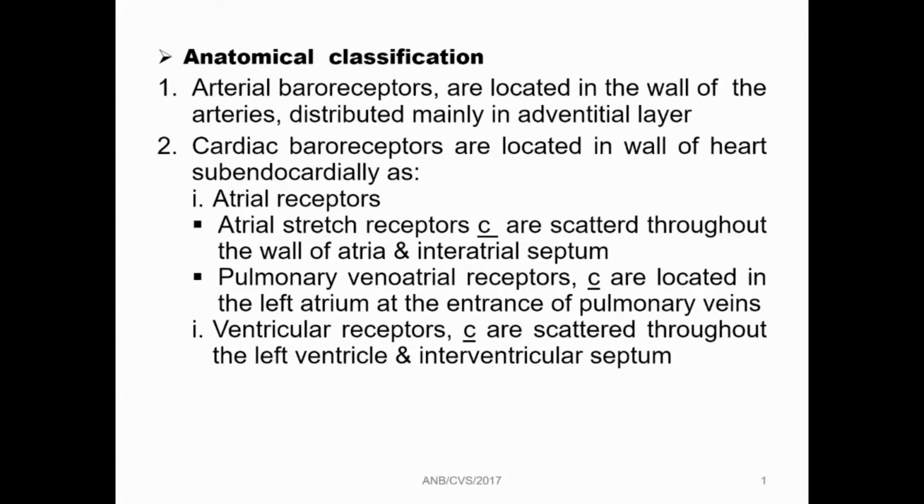The pulmonary venoatrial receptors are located in the left atrium at the entrance of the pulmonary veins. The second category is the ventricular receptors, which are scattered throughout the left ventricle and interventricular septum. Just see their location: anatomically, these ventricular receptors are scattered throughout the left ventricle and interventricular septum.